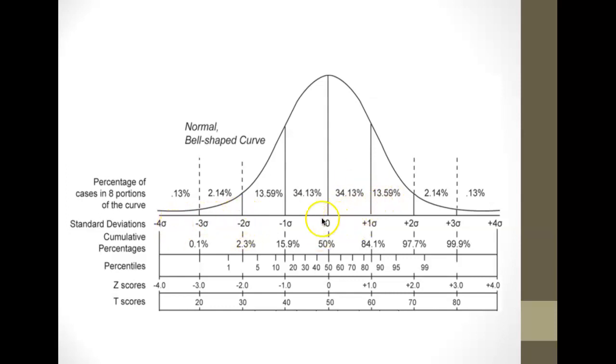So if one of you scored at 1 standard deviation above the mean, that would be right here. Here you would have cumulative percentages. You would have scored better than 84% of the population.